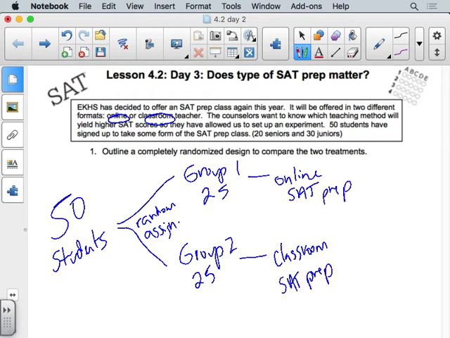And then you just simply carry out your two different treatments, whatever you're doing. And then I'm going to compare SAT scores in the end. That's what our response is. Our response is the SAT score.